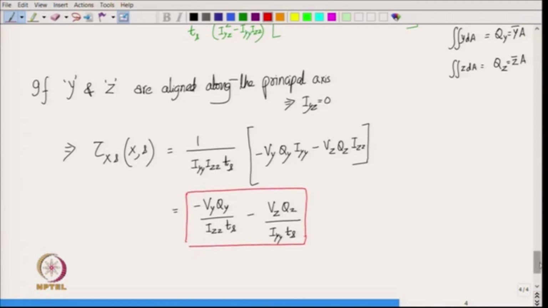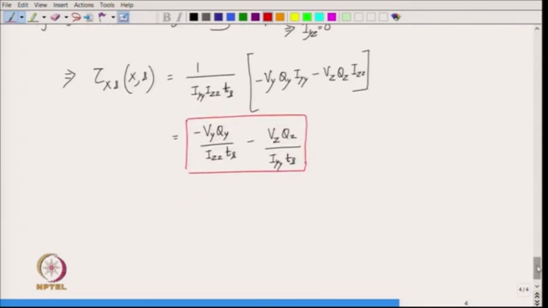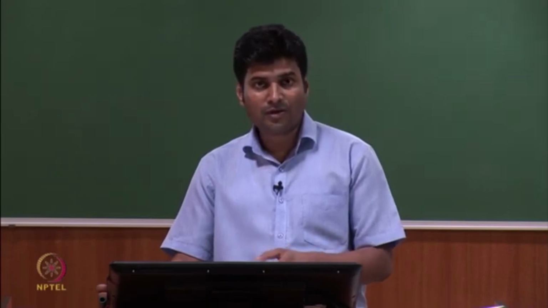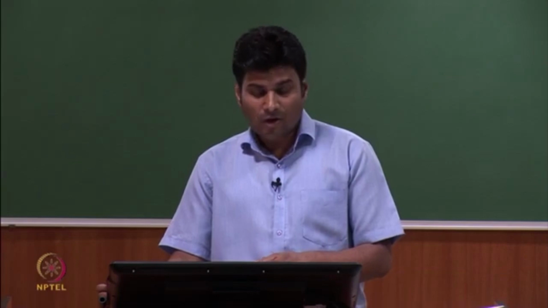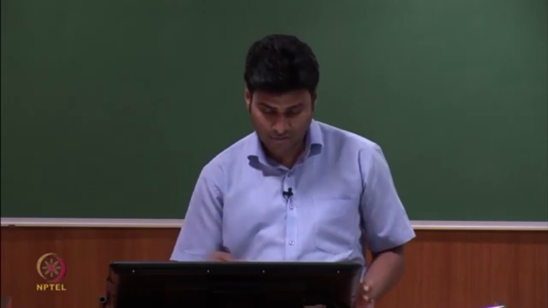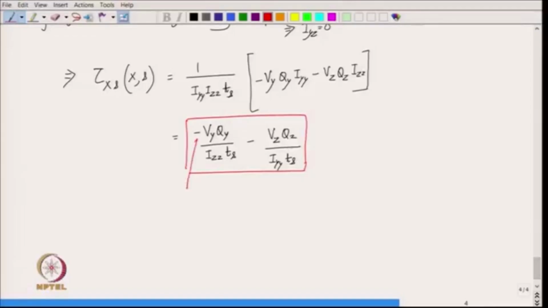And again, if V z is 0, then we have the formula as minus of V q by I t. Can you recall earlier we had tau equal to V q by I t, but now we have minus. You see this, we have a minus sign here.